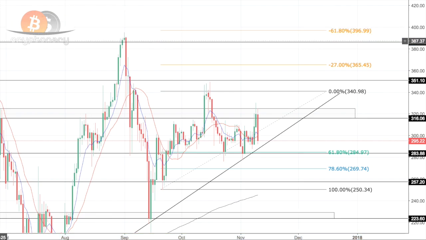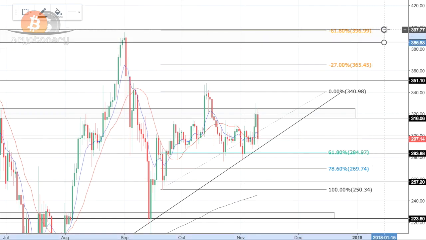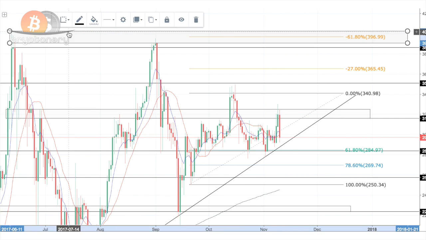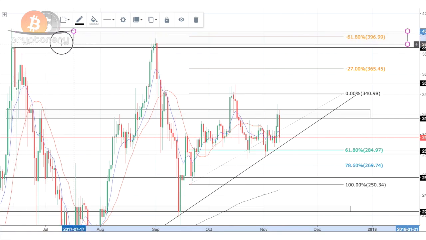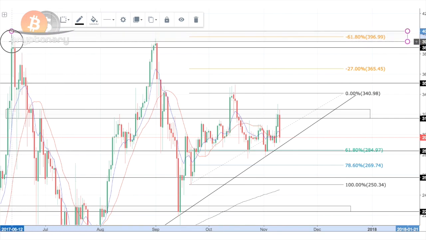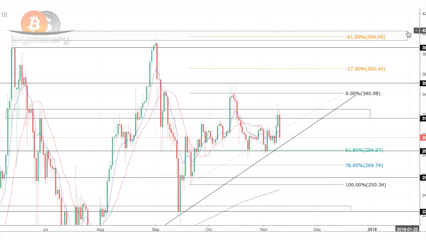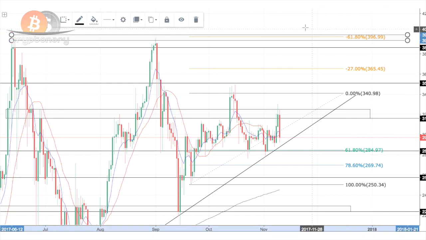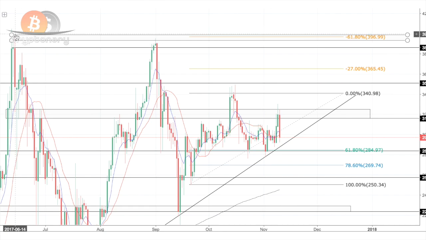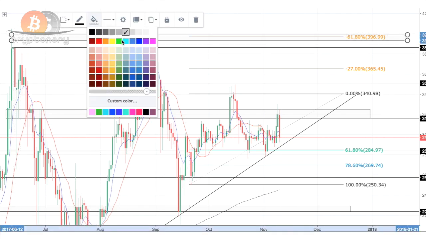I actually want to do the same thing, get the rectangle tool and draw a zone to match where the Fibonacci extension is. So the Fibonacci extension is in the middle of the rectangle. I will then apply this to the nearest valid wick, and also apply this to the lowest of the wick, which is these two wicks here. This for me is a more valid level of potential resistance for when we spike up to the next leg.